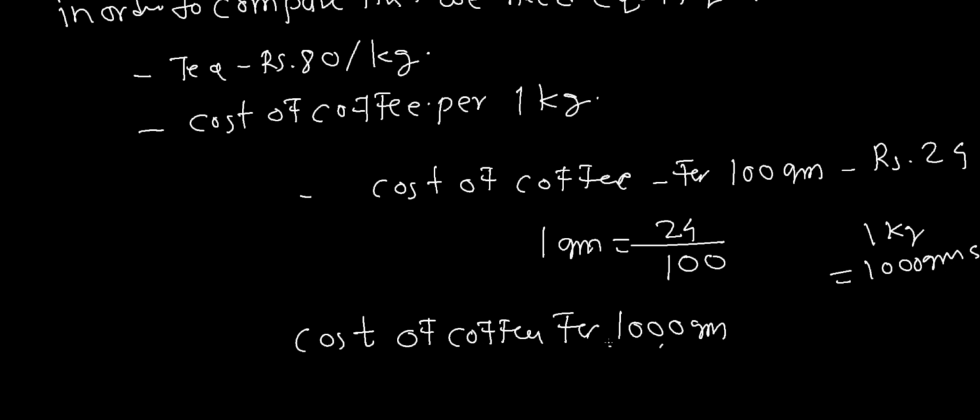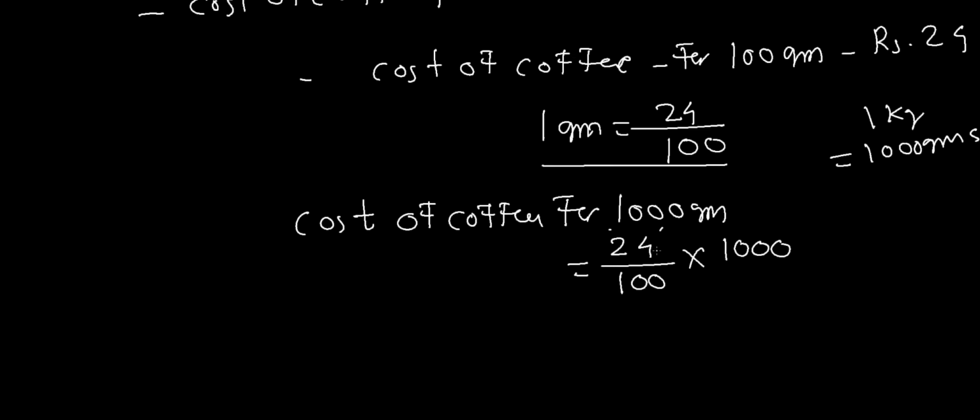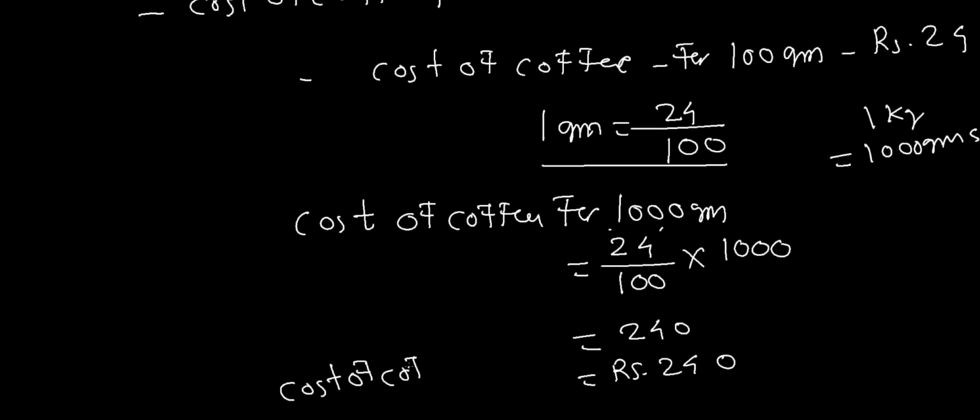We have got 1 gram, so to get to 1000 grams, we multiply the 1 gram cost by 1000, and the product will come as 240. So rupees 240 is the cost of coffee per kg.